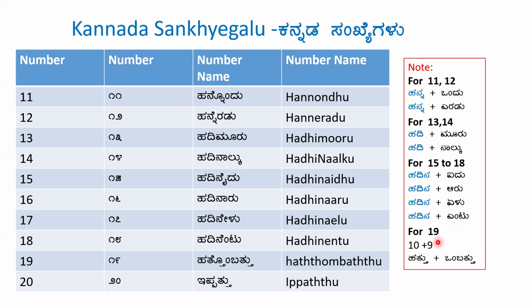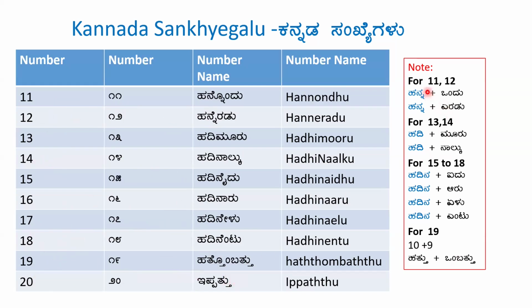For example, 19. 19 is 10 plus 9. 10 is hattu. 9 is ಒಂಬತ್ತು. When you join, it becomes ಹತ್ತೊಂಬತ್ತು. So, let's see the numbers 11 to 20. 11, ಹನ್ನೊಂದು. 12, ಹನ್ನೆರಡು. 13, ಹದಿಮೂರು. 14, ಹದಿನಾಲ್ಕು. 15, ಹದಿನೈದು. 16, ಹದಿನಾರು. 17, ಹದಿನೇಳು. 18, ಹದಿನೆಂಟು. 19, ಹತ್ತೊಂಬತ್ತು. 20 is ಇಪ್ಪತ್ತು.